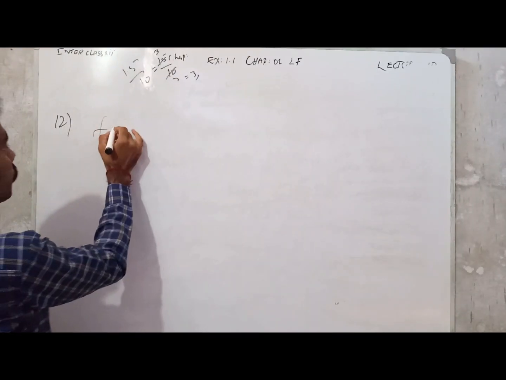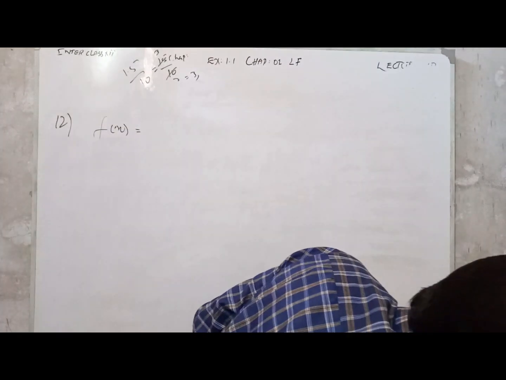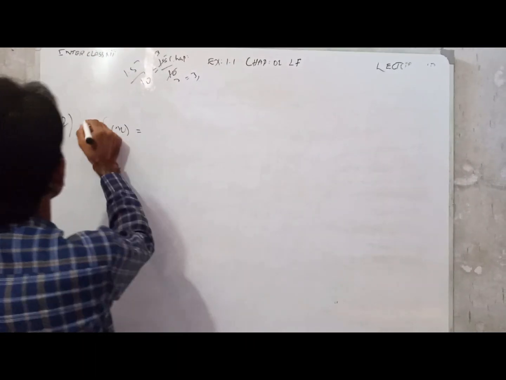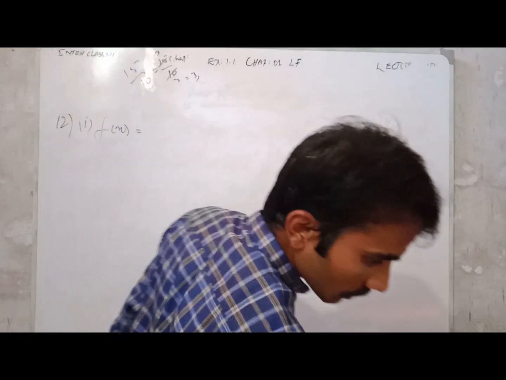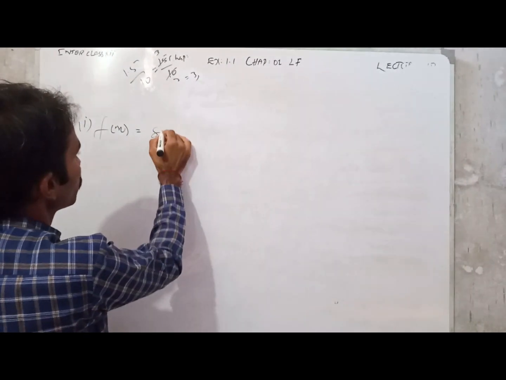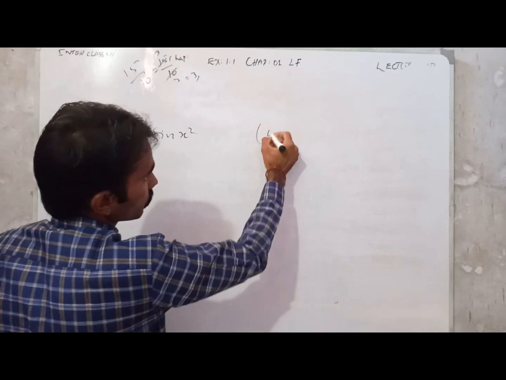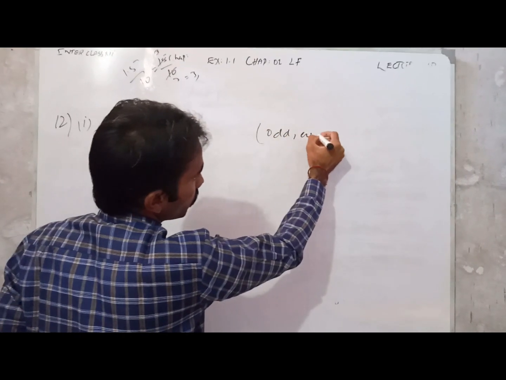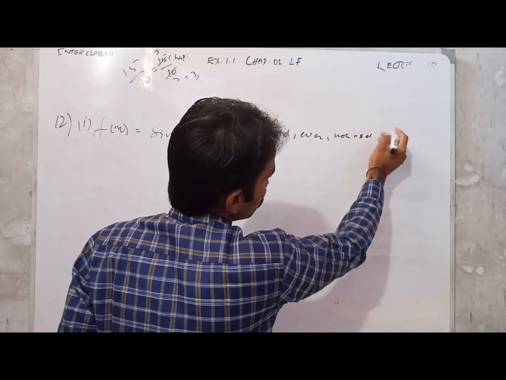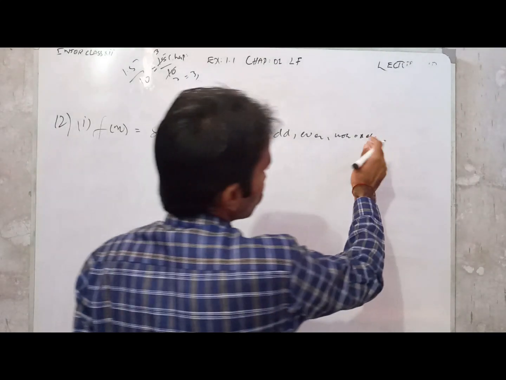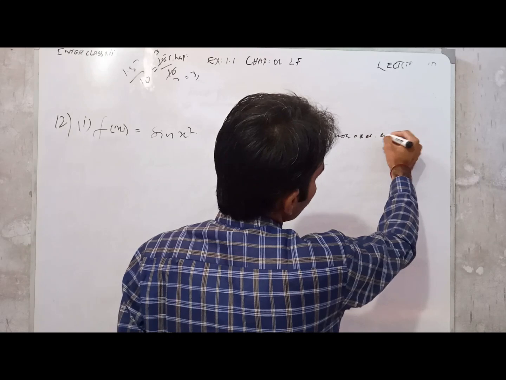Question number 12 part 1: f of x is equal to sine x square. What we have to do is check these 3 conditions in the given question: even, odd, or neither even nor odd.